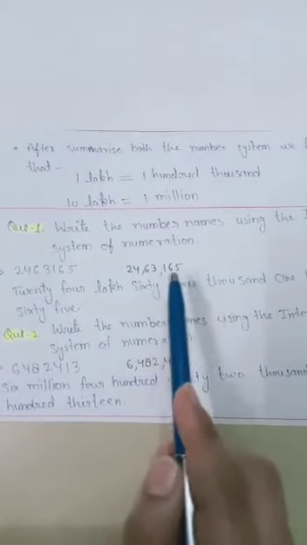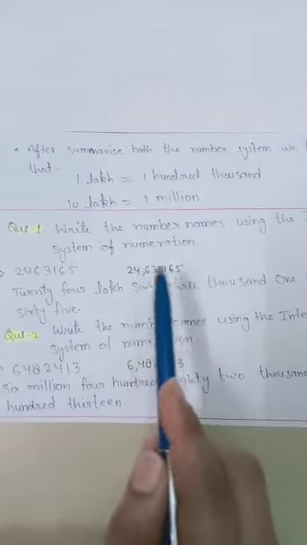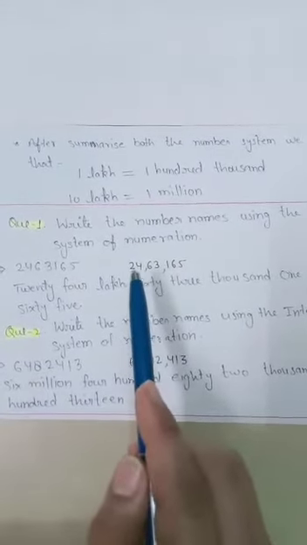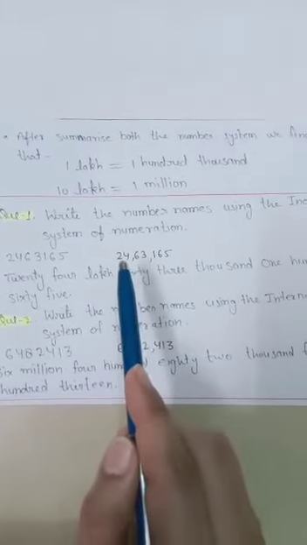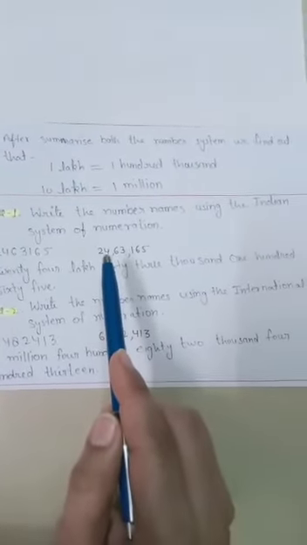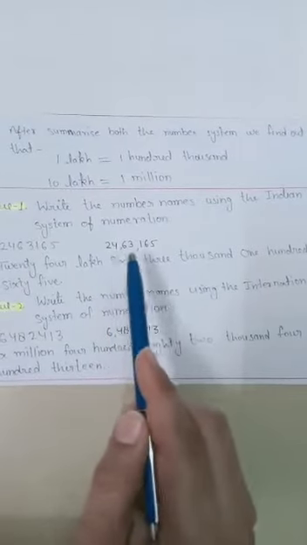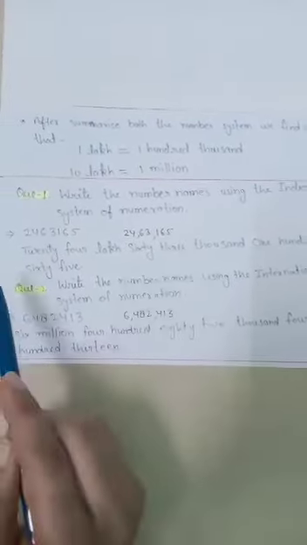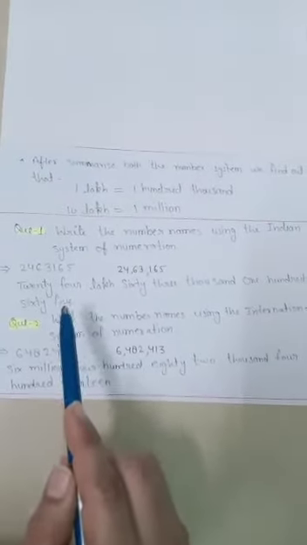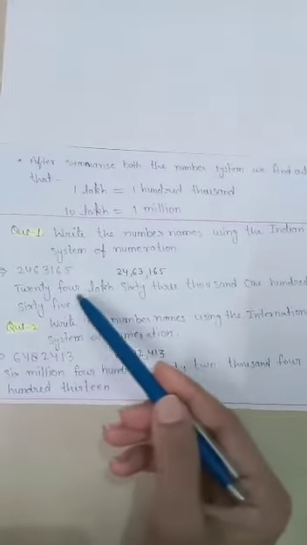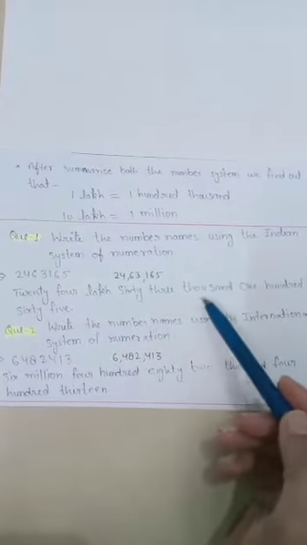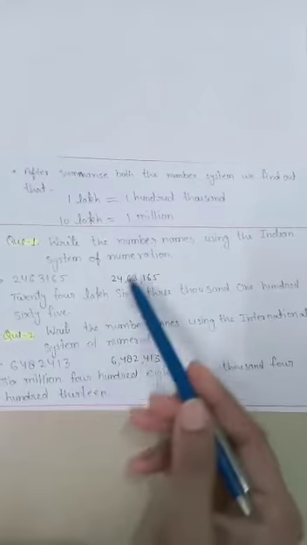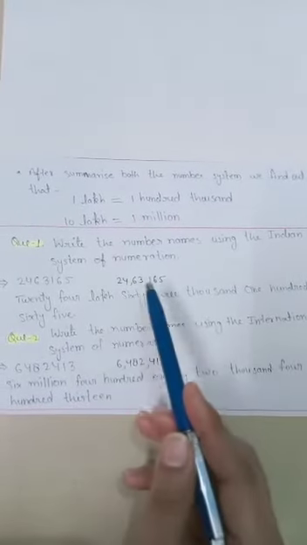In the ones period there will be 3 digits, then a comma. In the thousand period there will be 2 digits, then a comma. And then in the lakh period there will be 2 digits. So it is easy to read now: 24,63,165. We are talking here about the Indian number system.